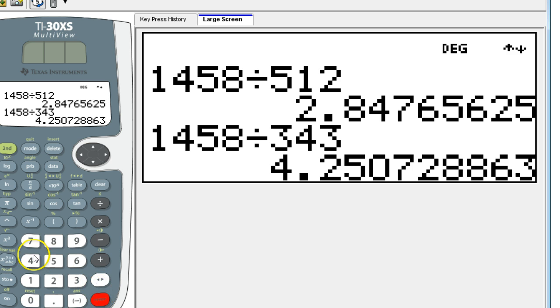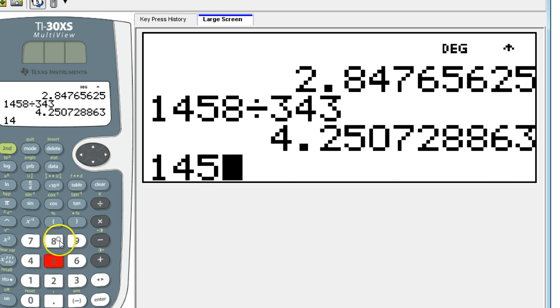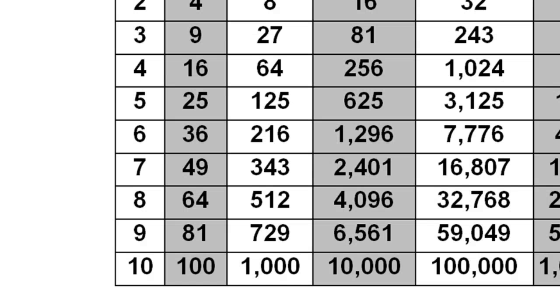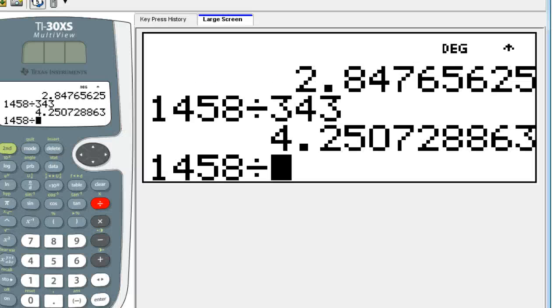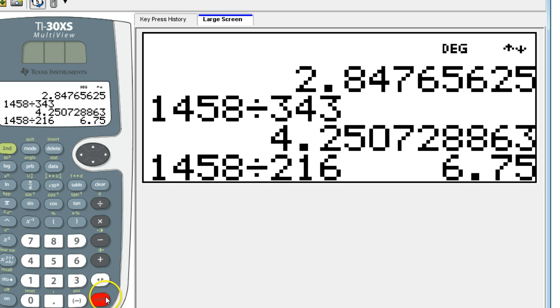That doesn't work either. Okay, what's next on that list? 216. Whoops, I keep clicking the wrong thing. That doesn't work either.